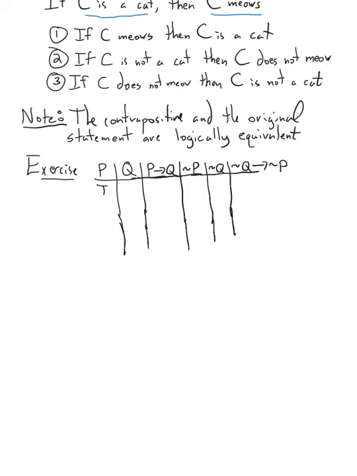Let me just do P for you. True, true, false, false would become false, false, true, true, for example. And what you'll find is that the original statement, and I'll put brackets around this so it's a little easier to read, and the contrapositive have the exact same truth values. So try and work that out if you can.